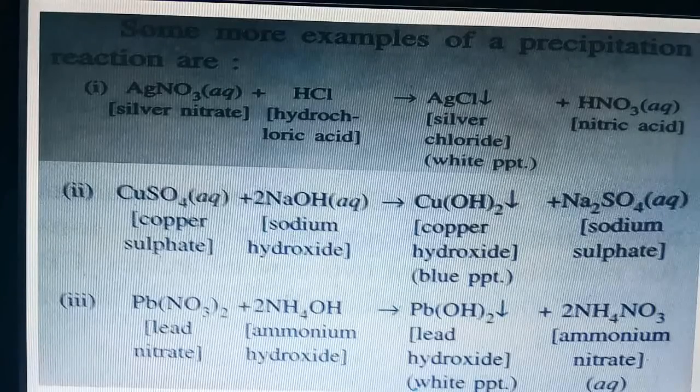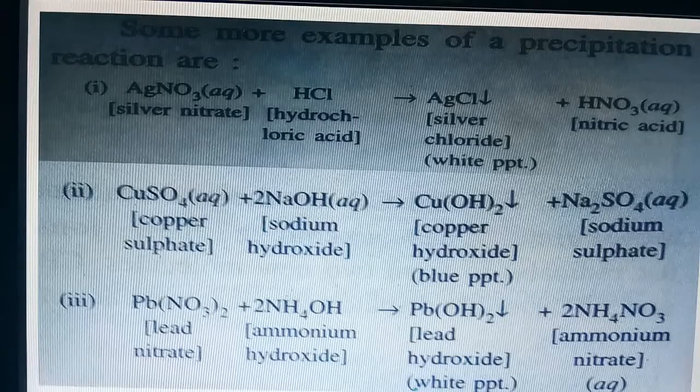Then you can see some more examples of a precipitation reaction. Silver nitrate, AQ, means silver nitrate solution, plus hydrochloric acid. It is already liquid, so no need to make a solution out of it. So when you react silver nitrate plus hydrochloric acid, you will get silver chloride as a white precipitate and nitric acid.